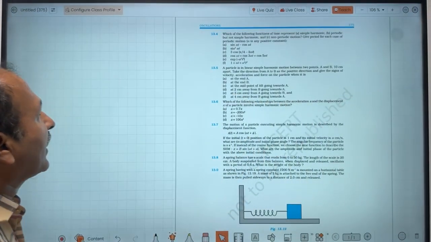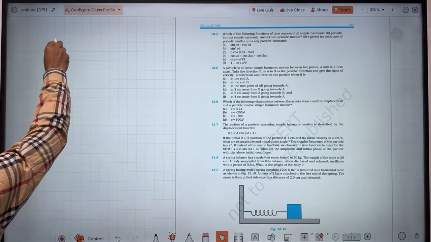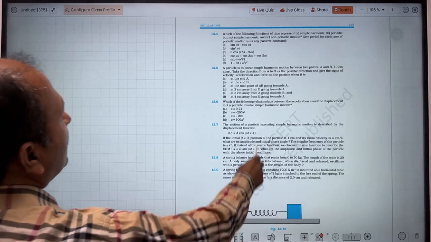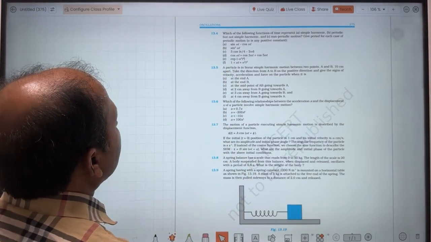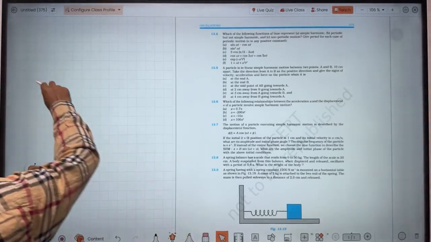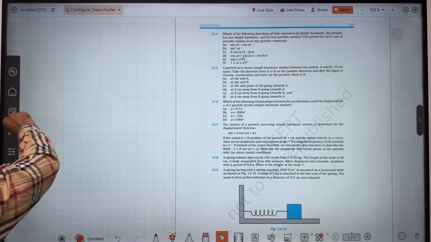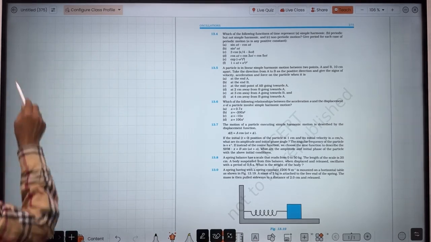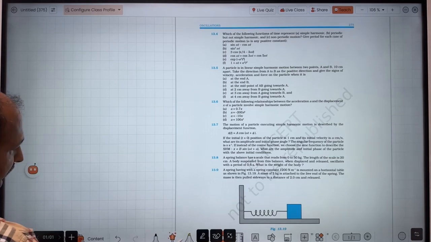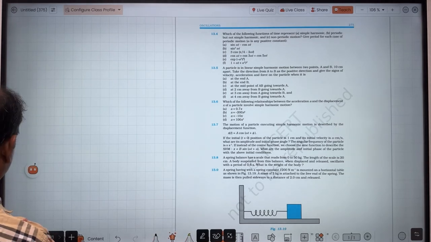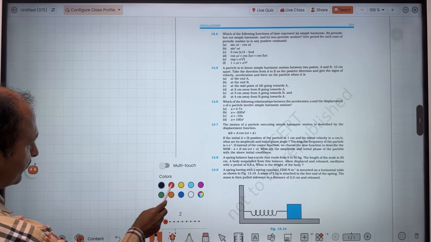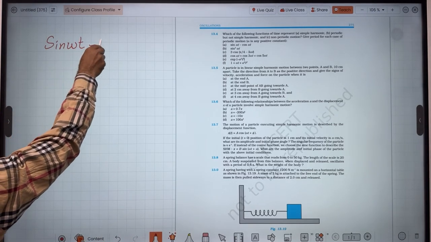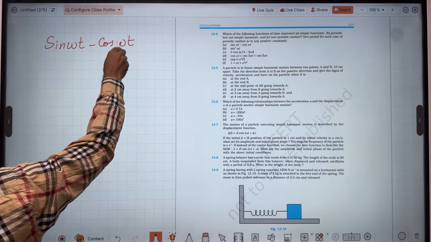So here what we have to do, if you remember, sine function and cosine functions are considered to be periodic. So here the first function is made up of sine and cosine. So it will be periodic. We can also convert it into single form, like we are given sine omega t minus cos omega t, right?